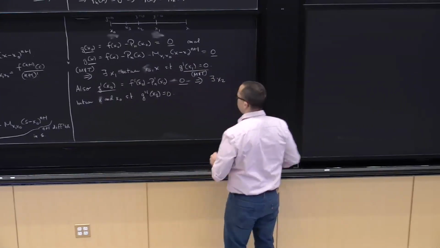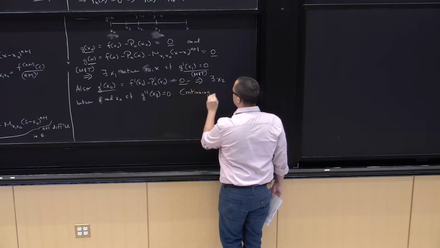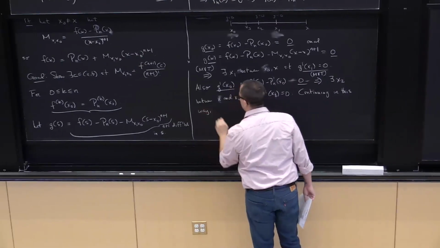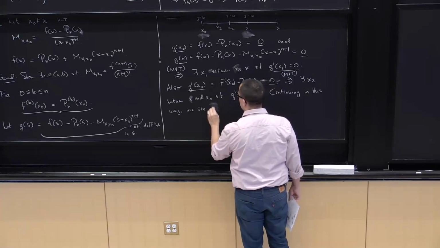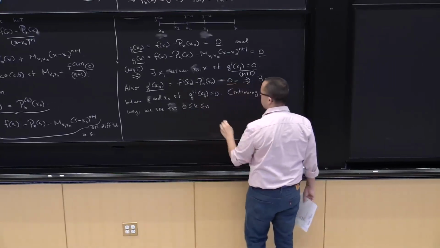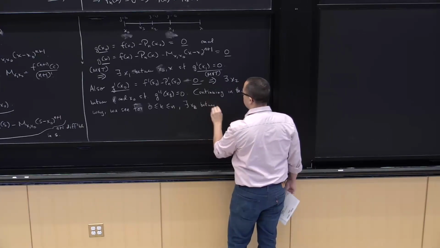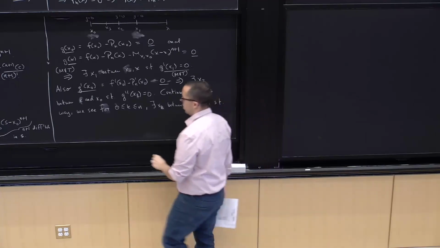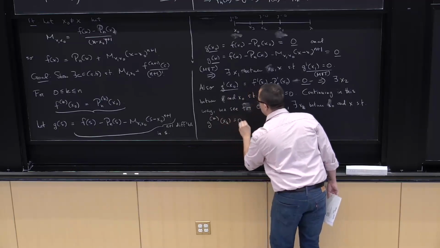So let me summarize. Continuing in this way, we see for all k between 0 and n, there exists an x sub k between x0 and x such that the kth derivative at x sub k equals 0.